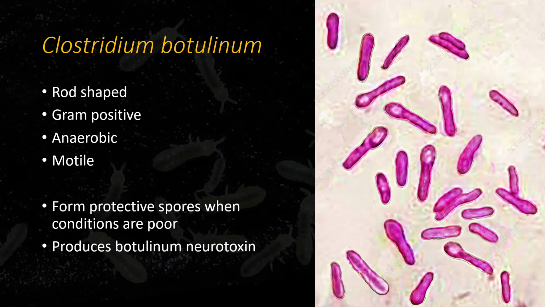So if they're in the soil and you're growing your carrots in the soil, and then you take your carrots out and you wash them off and you put them in a can and you haven't disinfected everything properly, then that botulinum bacteria can grow in that can, and all of a sudden you've got enough to kill a human. This is possibly, I think, the most toxic natural thing that we know of.